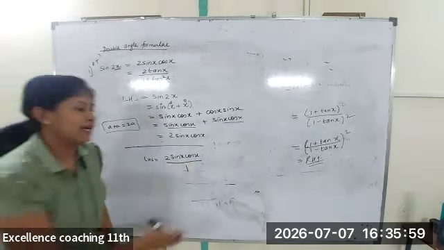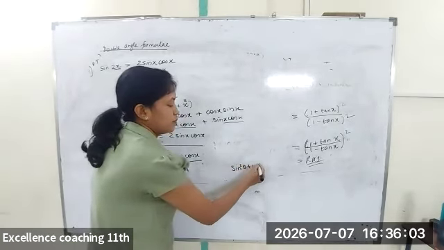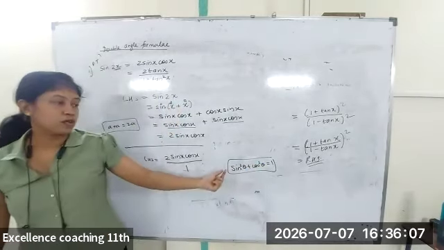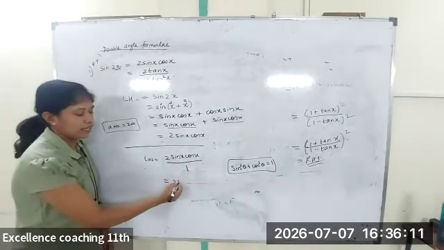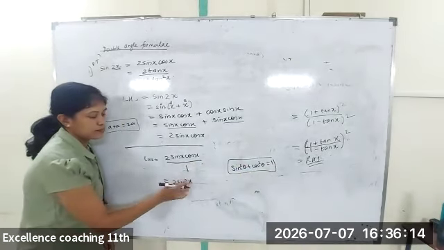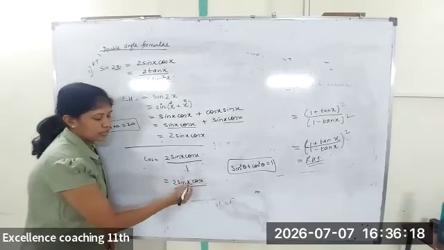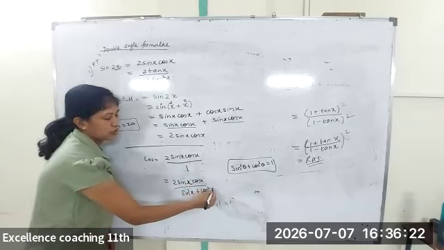Okay. And one identity we had learned. What is sine square theta plus cos square theta? Sine square theta plus cos square theta is always 1. So instead of 1, I will write sine square x plus cos square x.